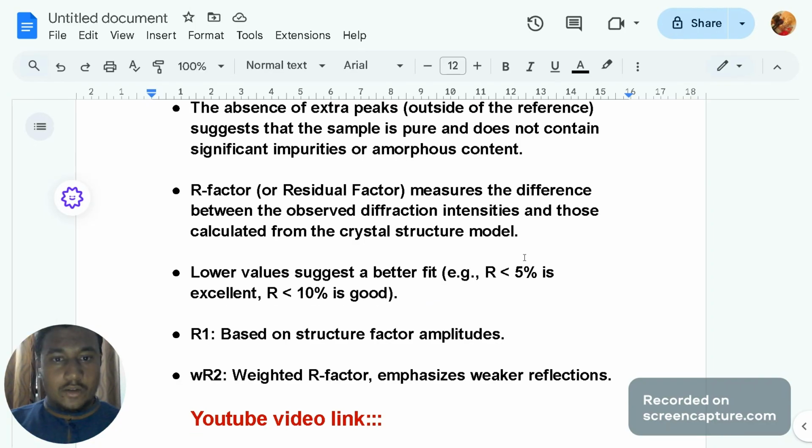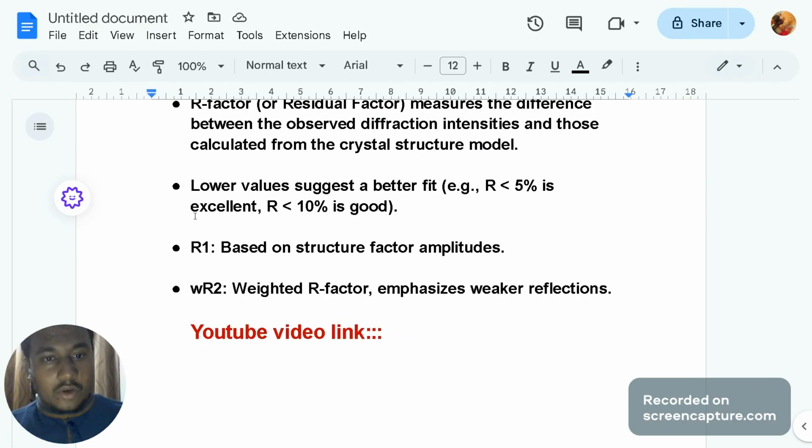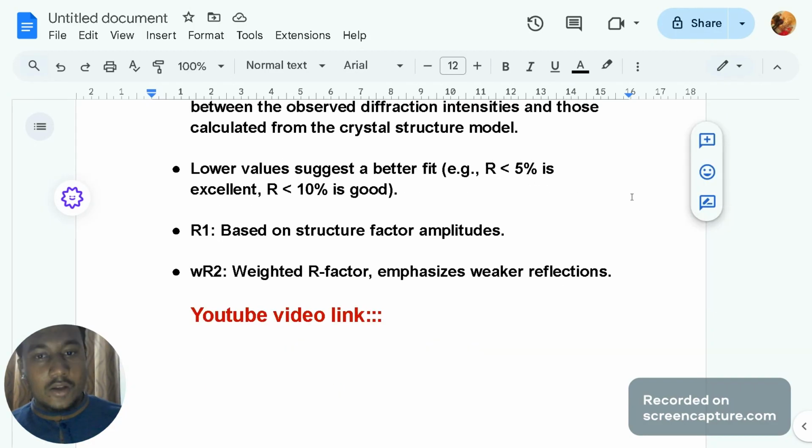It is calculated as sigma |F observed minus F calculated| divided by sigma F observed. Lower values suggest a better fit. If R is less than 5%, which I managed to get in all three data sets, it was around 3.8 or something. So this shows I have obtained a better fit.